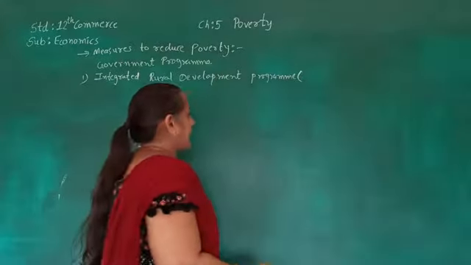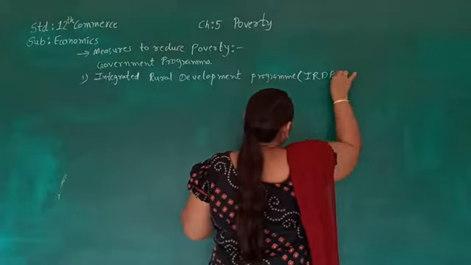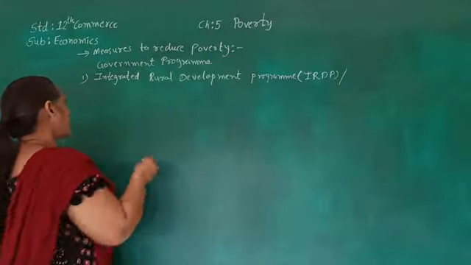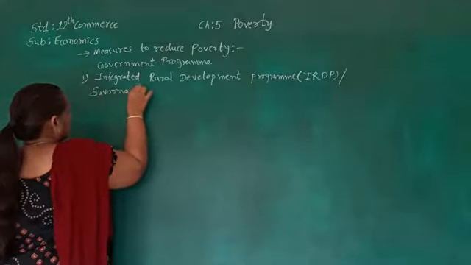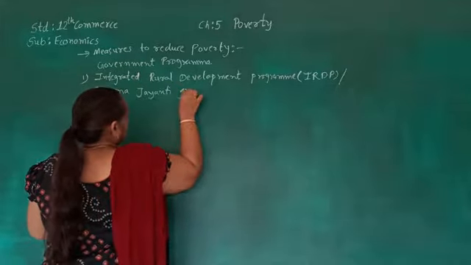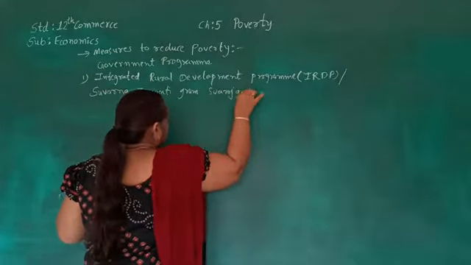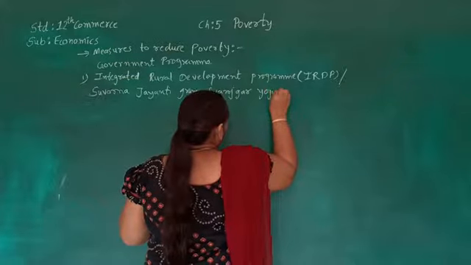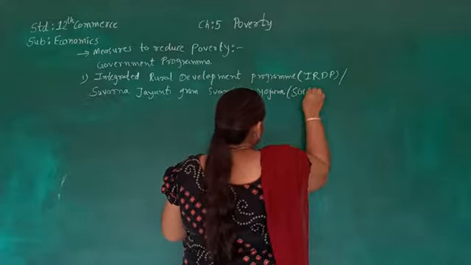That is called IRDP, and it is also called Suvarna Jayanti Gram Swarojgar Yojana, SGSY.